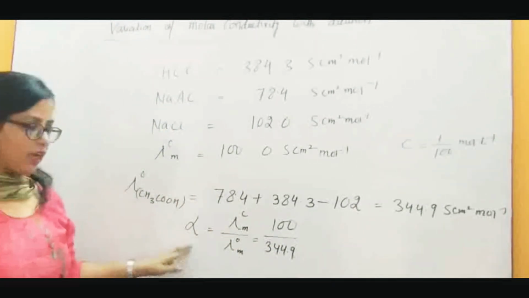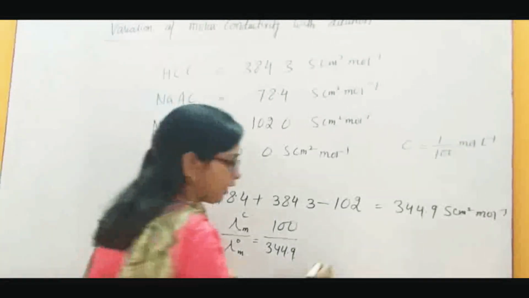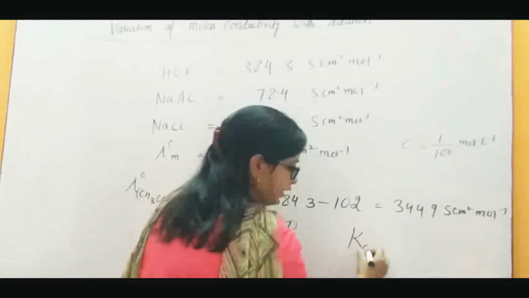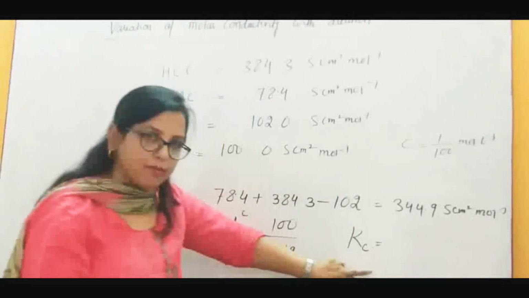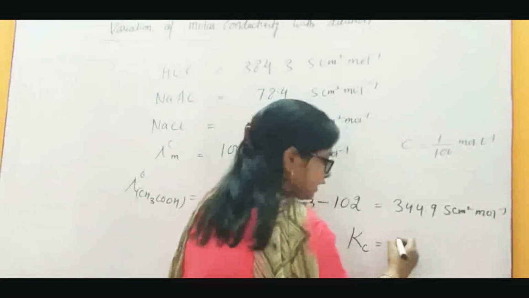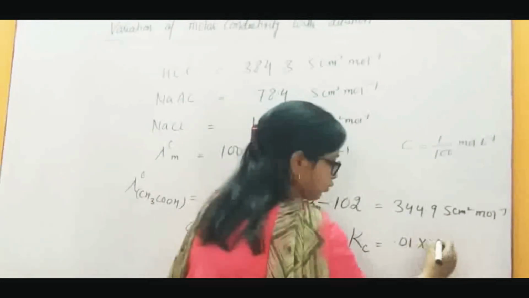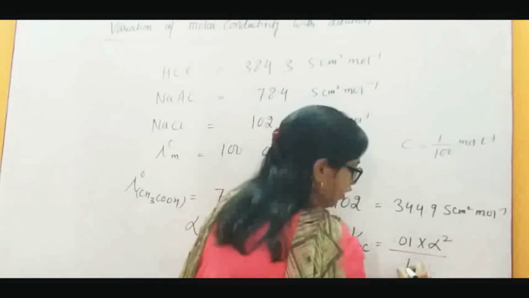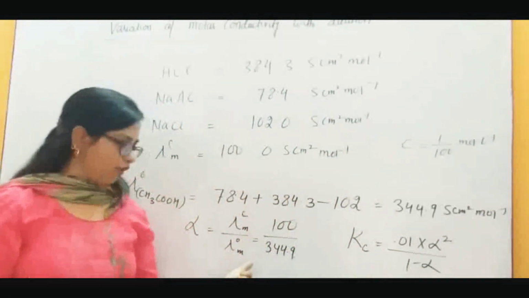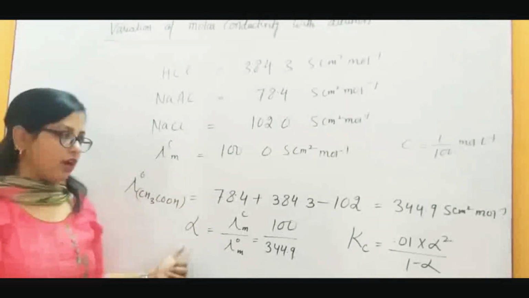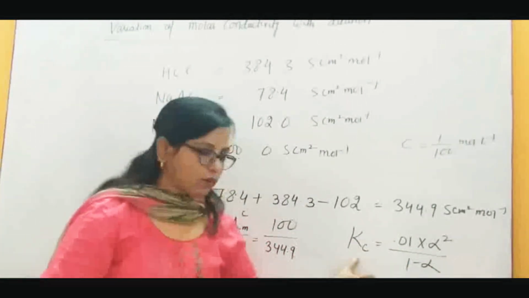So I can calculate my alpha. Now I will place its value in Kc, the equilibrium constant. Its formula is C alpha square upon 1 minus alpha, where C is 0.01. So I will calculate my alpha from here and place the value here to calculate Kc.